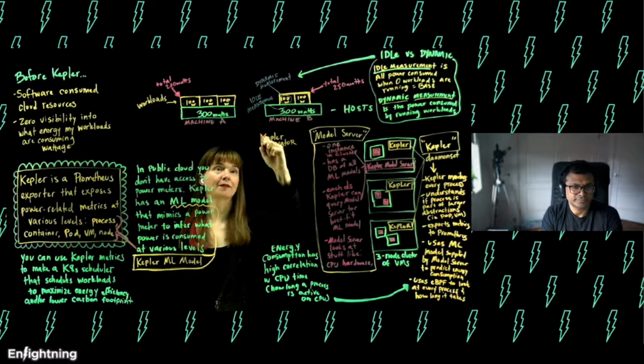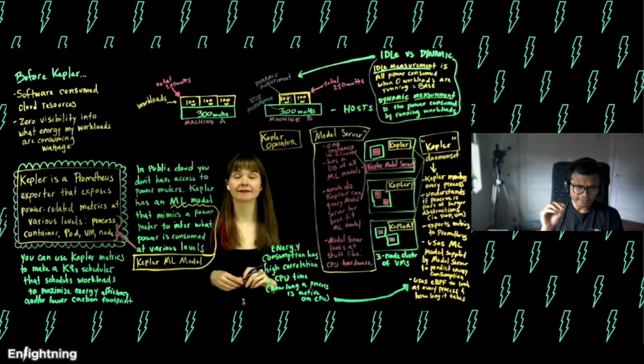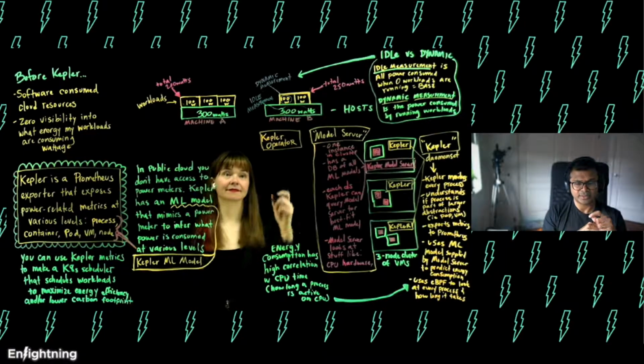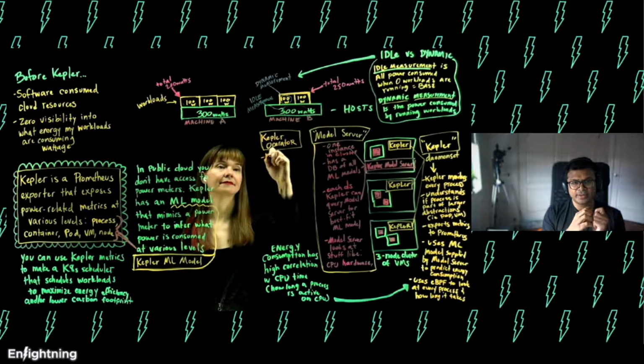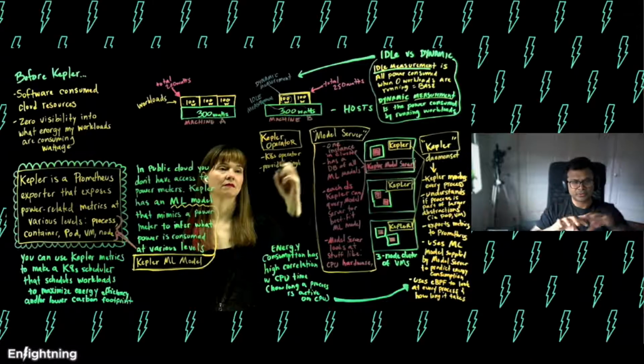All right. What's Kepler Operator do? So Kepler Operator is like any other Kubernetes operator. It provides a single API called Kepler, and creating an instance of Kepler deploys Kepler onto all nodes on your machine.